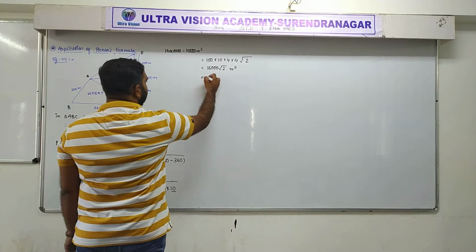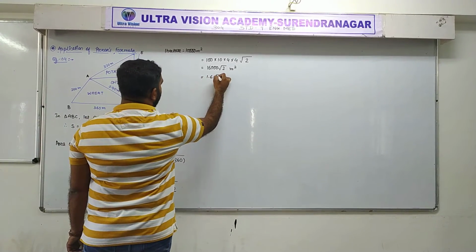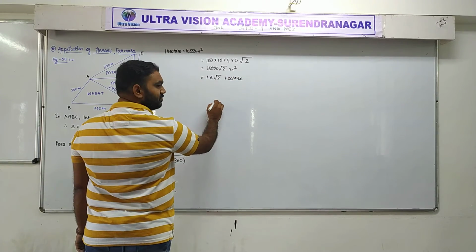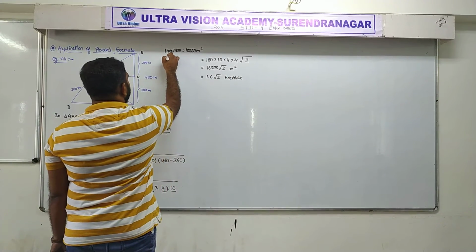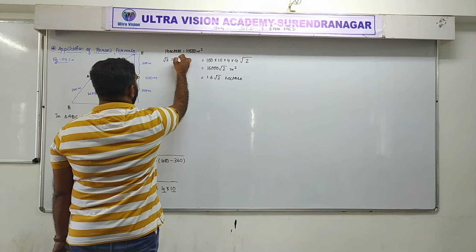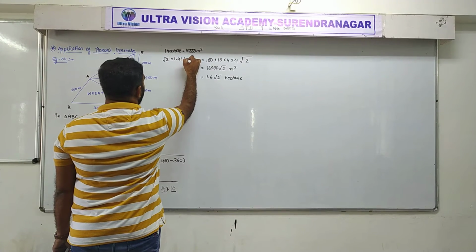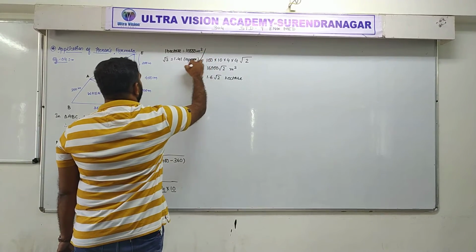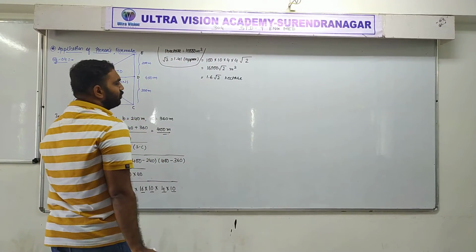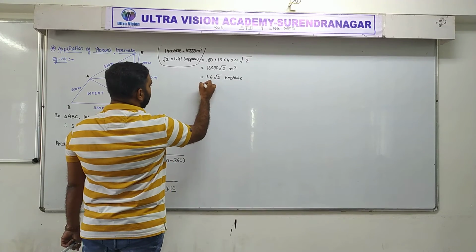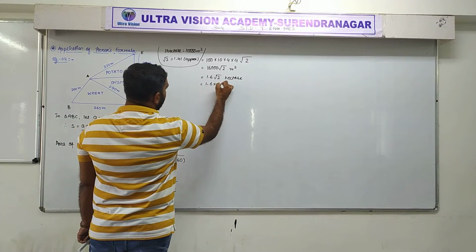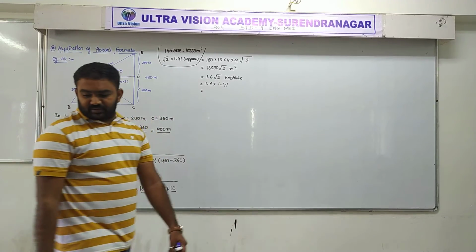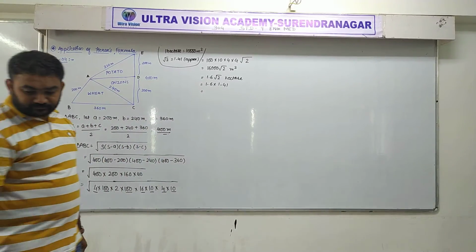1.6. That is 1.6 into root 2 hectares, and we use root 2 equals 1.41 approximately. Apply here. That is 1.6 into 1.41. Multiply 1.6 into 1.41.